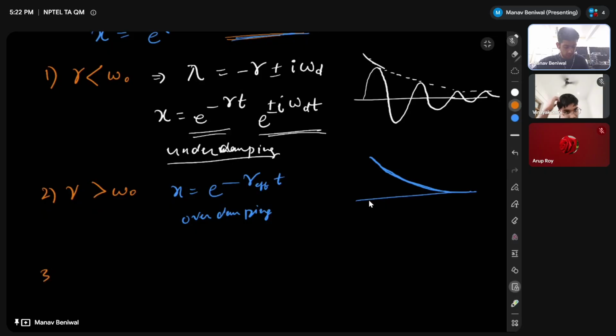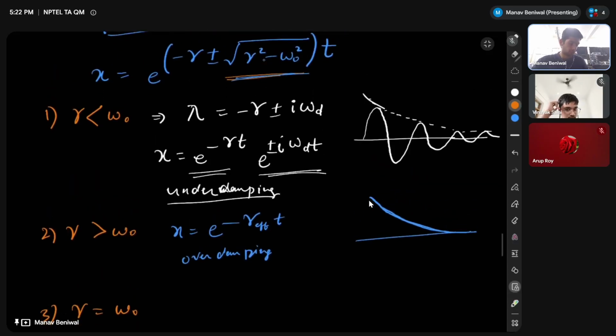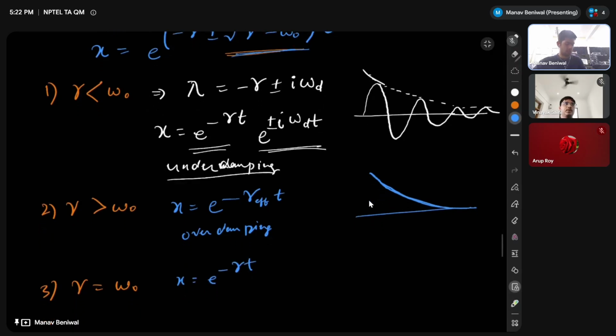We can also have these two as equal, where gamma is equal to omega naught. If you put them as equal, you can see that our x is simply e to the power minus gamma t, and again there is no oscillatory behavior here.